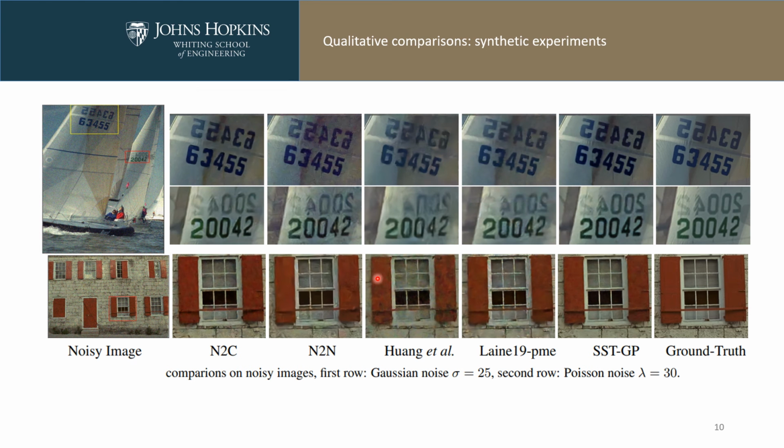The following diagram shows the qualitative comparisons of our method with the existing self-supervised denoising methods, where our method produces sharper and clearer denoised images as shown in the second row and the third row.